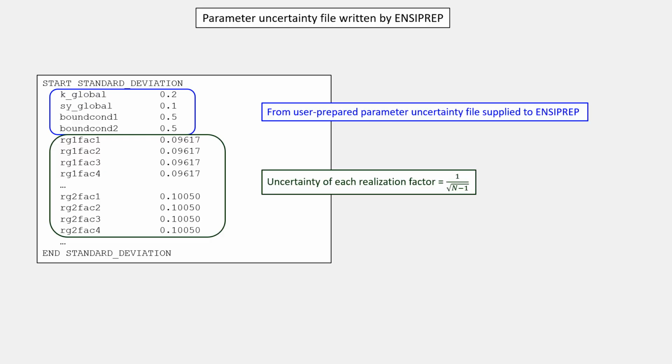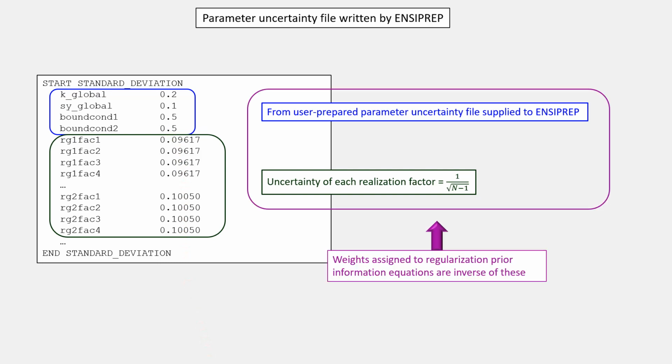So now we've got a parameter uncertainty file which provides the uncertainties of global non-realization parameters and of all the realization factor parameters. Now, remember I said before that when ENSI prep wrote the pest control file that we're going to use for ENSI inversion, it assigned a weight to each prior information equation. The weight for those prior information equations which enforce regularization constraints are the inverse of these uncertainties.